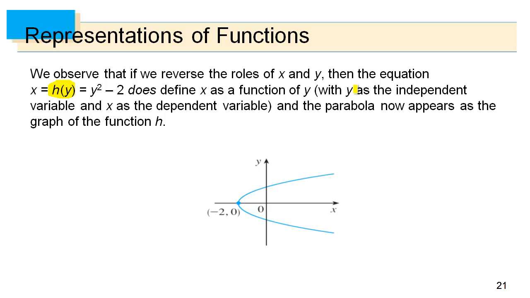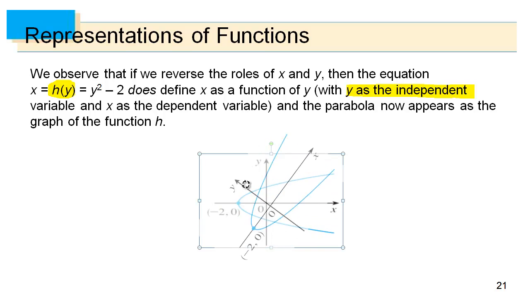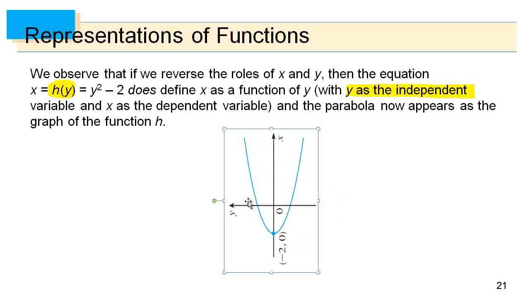Y is now the independent variable and x is the dependent variable, and all that happens when we do that is the orientation changes. We now have that as our function. And the input is the y-axis and the output is the x-axis, and we now have a normal parabola that satisfies the vertical line test, and we now have a function.